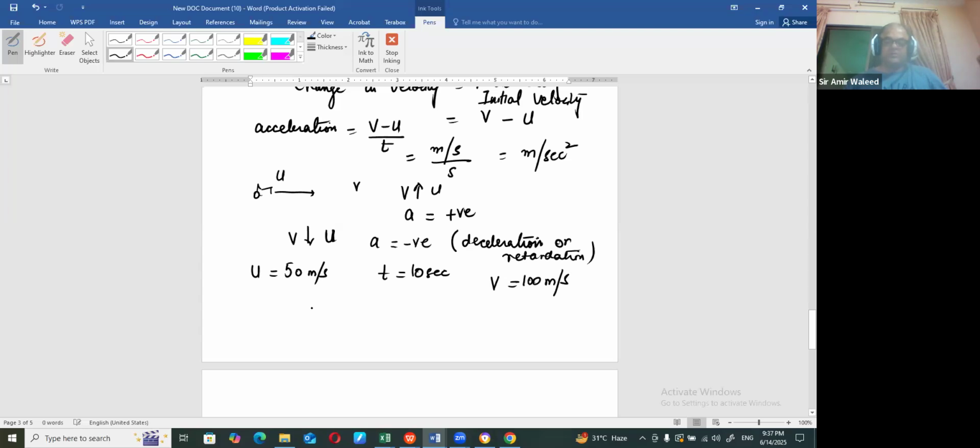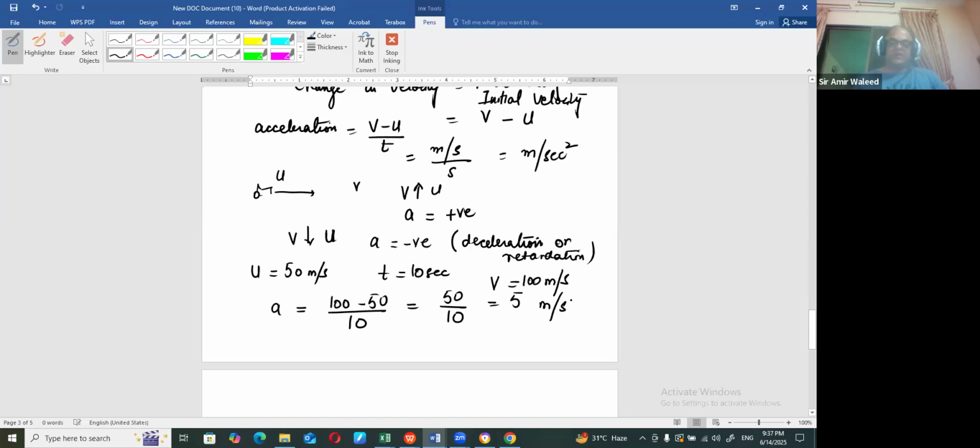Now, the question is, what will be the acceleration produced? It will be very simple: 100 minus 50 divided by 10, which is 50 divided by 10, which is equal to 5 meters per second square.